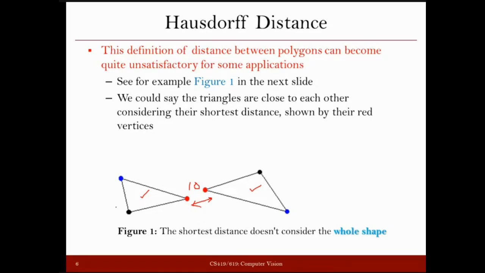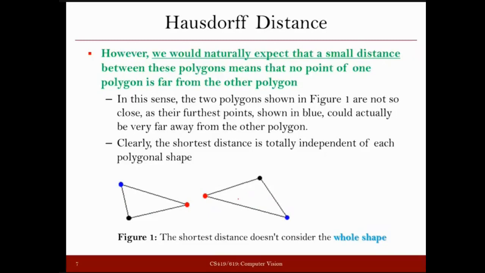Using that formula, you can say that these two shapes are just 10 apart. But there are a lot of points in this shape and in this shape which have a much larger distance compared to 10. If you compare any point here and any point here, you will find that they have at least 8-9 times the distance that you have here. So in some sense, this criterion of defining the distance between two shapes by computing the minimum of minimums doesn't give a very good notion of distance between the shapes. We can see another example.